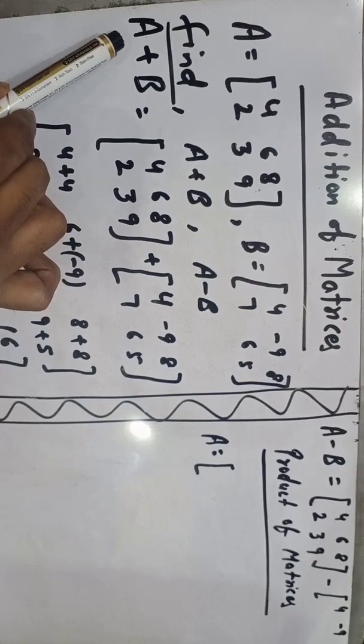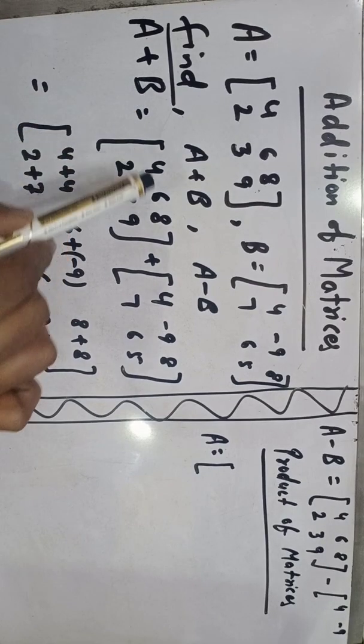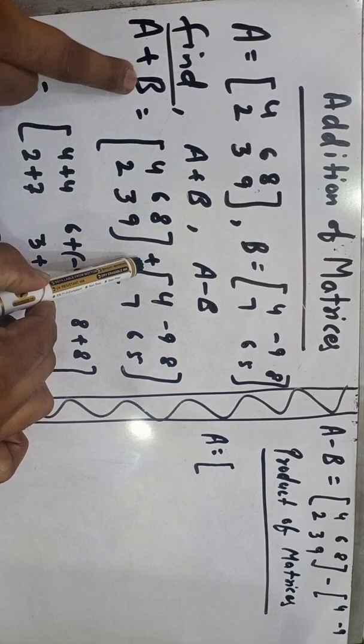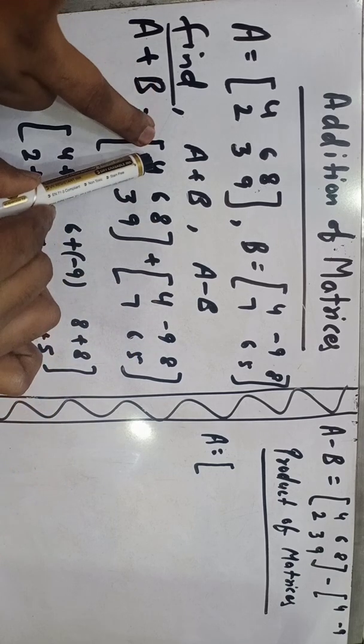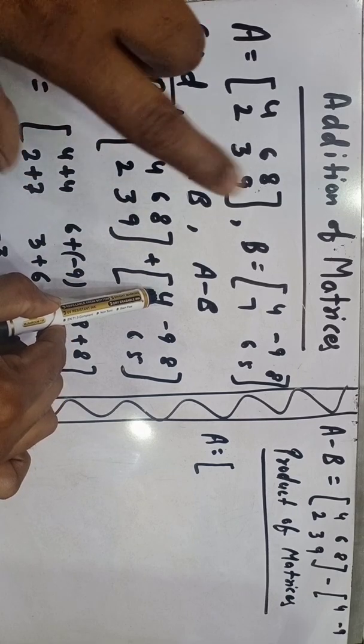First, we will go with A plus B, that means the addition of matrices. This is your A matrix, plus, then this is your B matrix. Addition means you take the first element and add it to the first element of the other matrix.